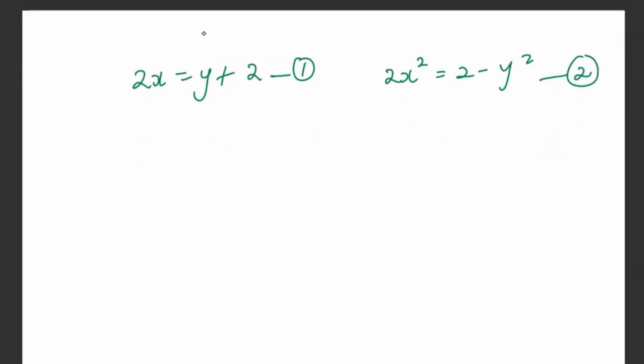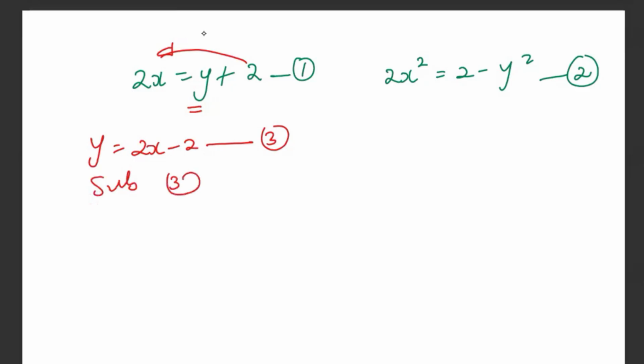The first one is a linear equation, which I can use to make something the subject. And y is already open, so I'll take the 2 that side, meaning that y is going to be 2x minus 2. Call this equation 3. Then I'll have to substitute equation 3 into equation number 2.